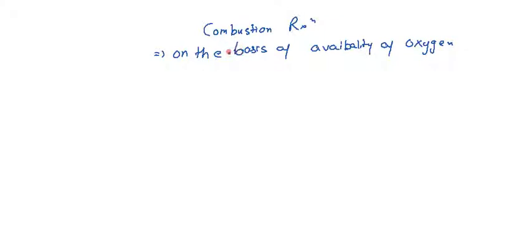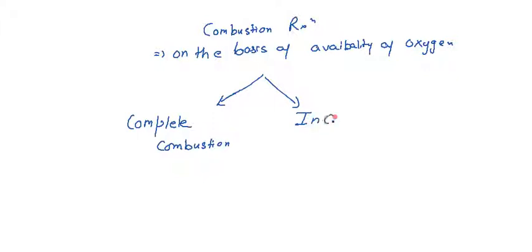So on the basis of the availability of oxygen, it's divided into two kinds. First is called the complete combustion reaction, and the second is considered an incomplete combustion reaction.